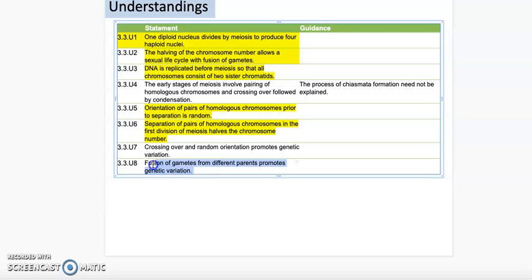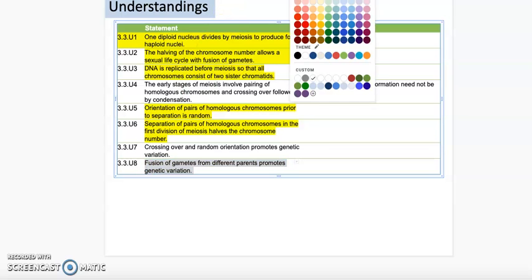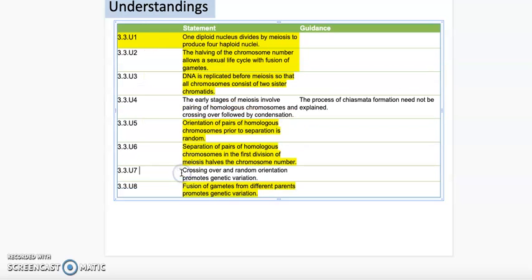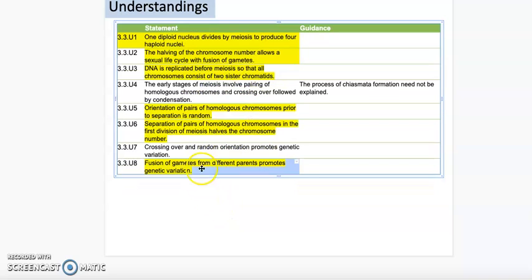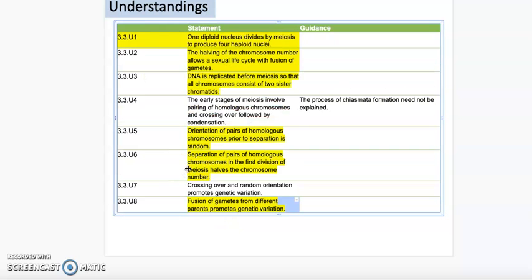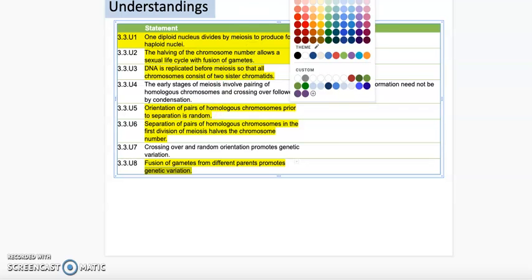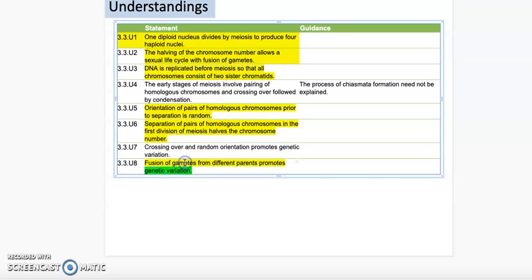Fusion of gametes from different parents promotes genetic variation. Okay, essentially what this is talking about, and you'll see mention of genetic variation very often because it's an important concept. Genetic variation is important because why? Because for evolution and for adaptation to occur and for natural selection to occur, right, we need genetic variation.